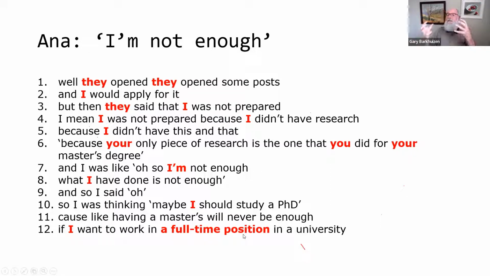So a very powerful story where we've got the characters in the story, Anna and the people at the university, the people who have the power, the ones who can decide if she gets the job. Those people believe that she does not have the proper qualifications. She does not have the research. Her identity as a researcher is the wrong type of identity for that particular position that they are wanting to fill at the university. She's not happy about that.